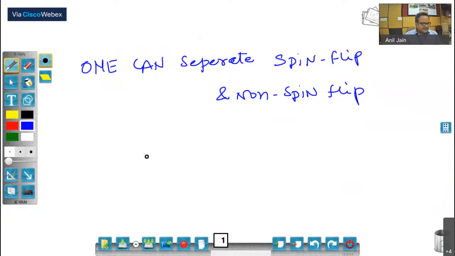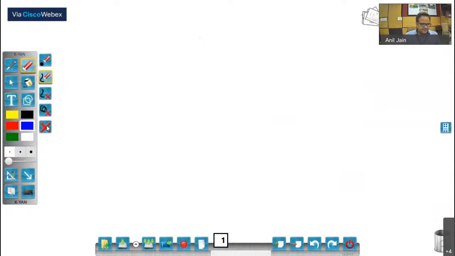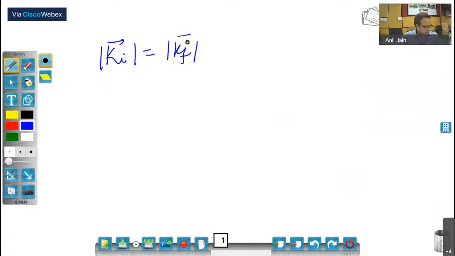Now, let's try to get this double differential scattering cross section under the condition when Ki equals Kf, meaning you are dealing with elastic scattering, and so then I can write this differential scattering cross section separately for the spin flip and non-spin flip processes.